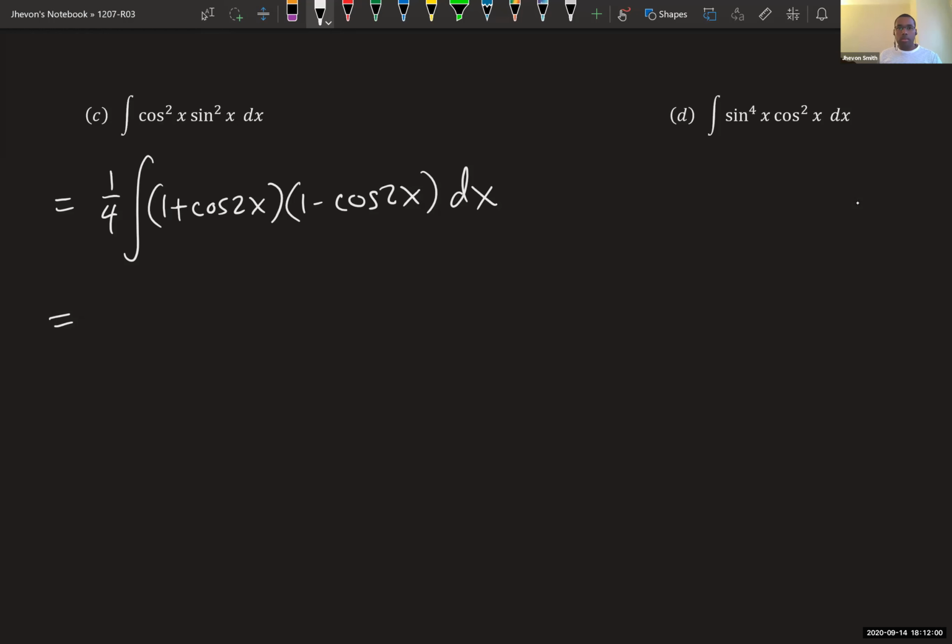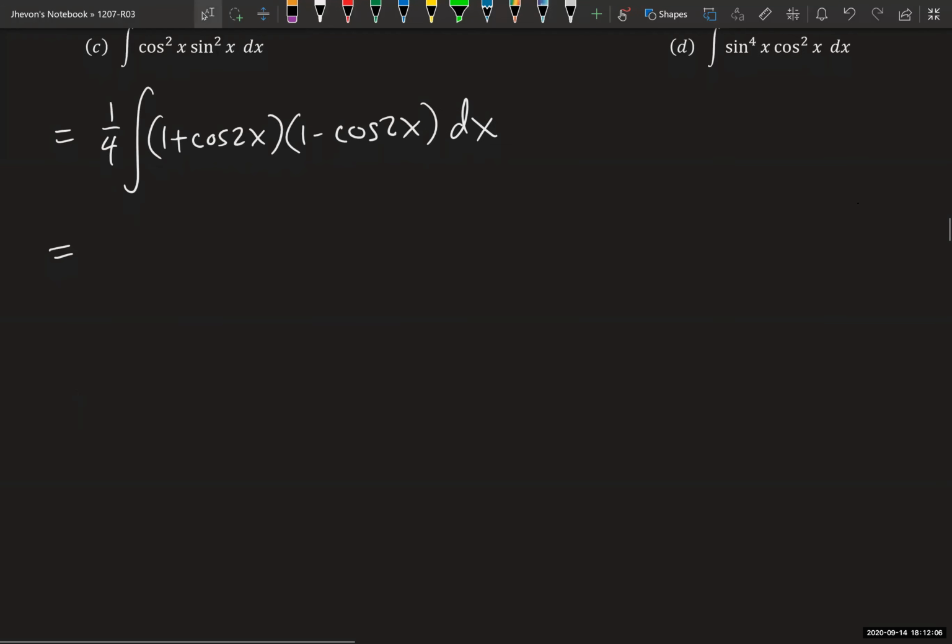Now what? Would it make sense to FOIL that out as a difference of squares? It's a difference of squares. Yeah. So what does it become? 1 minus cosine squared 2x dx.